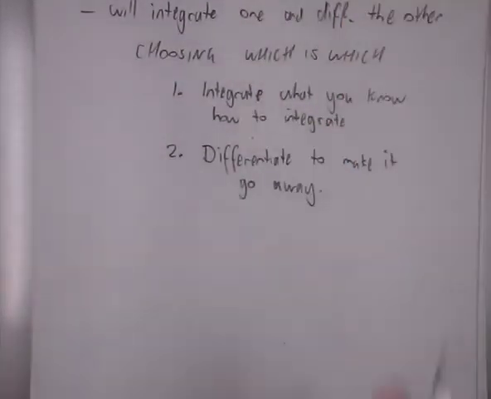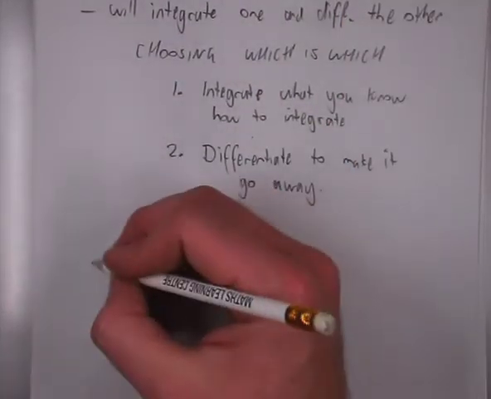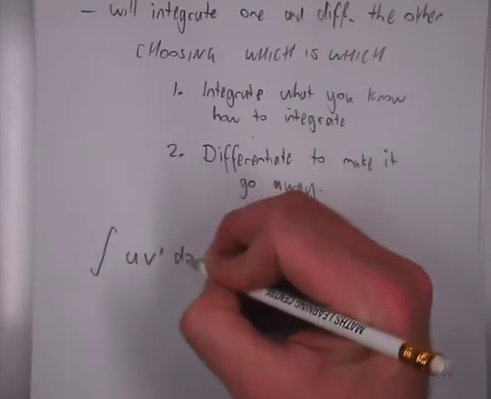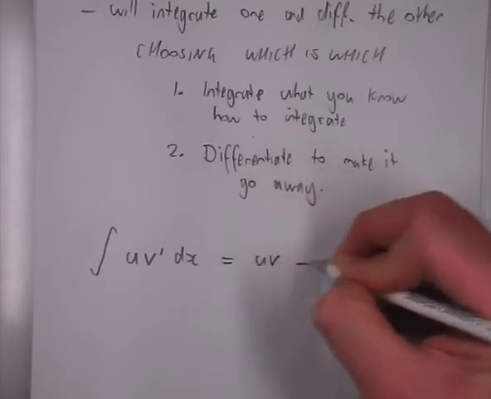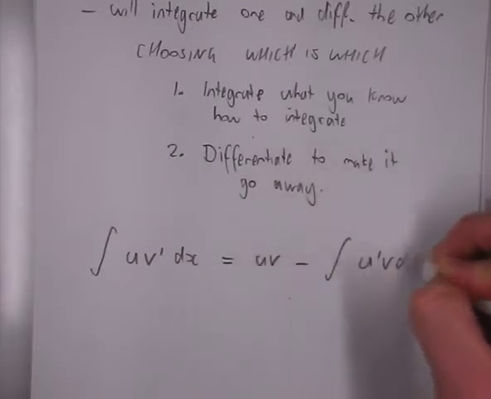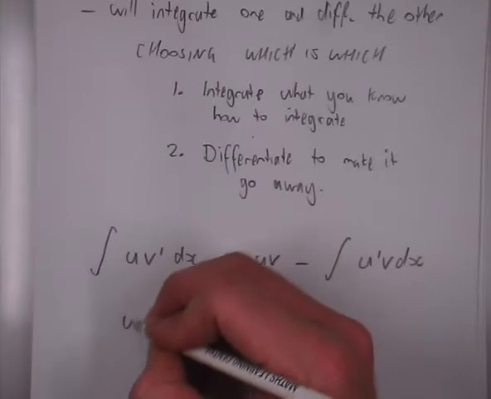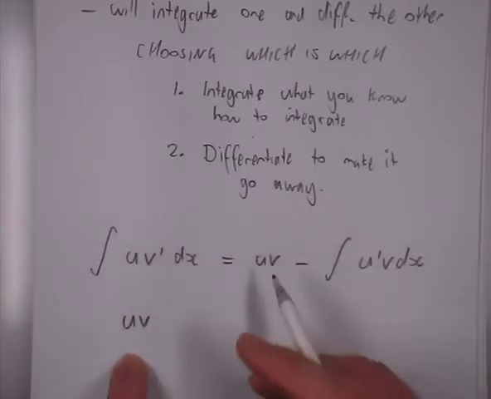Okay. So the formula for it goes like this, that your lecturer would have told you. Okay, they may have put the dash on the u, it doesn't matter. I'm going to write this again because I have an order that I write this in that helps me remember. So the point is that it starts as two things multiplied together, right?